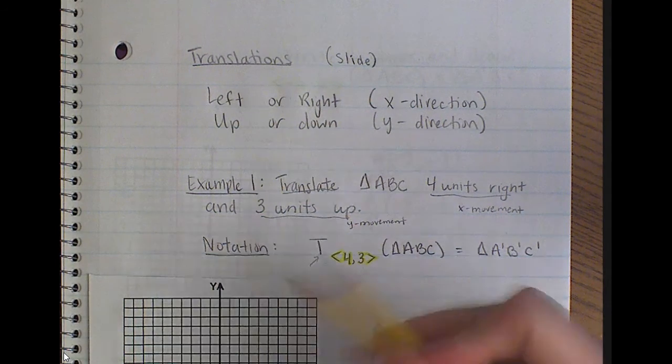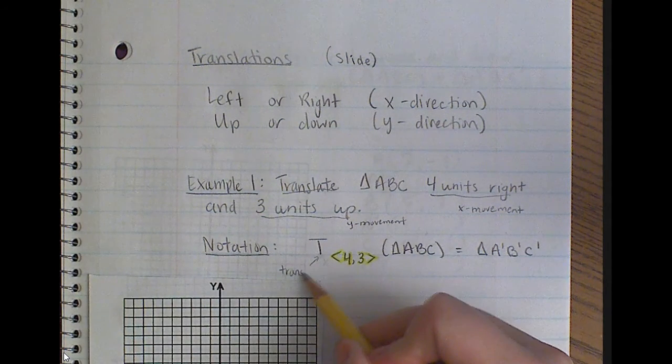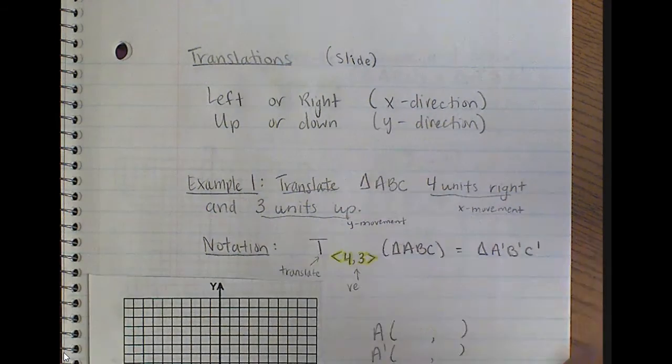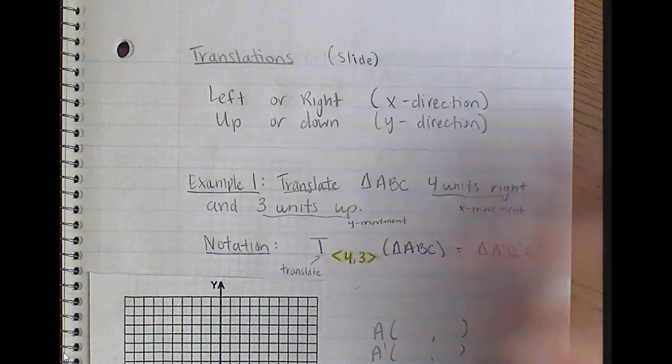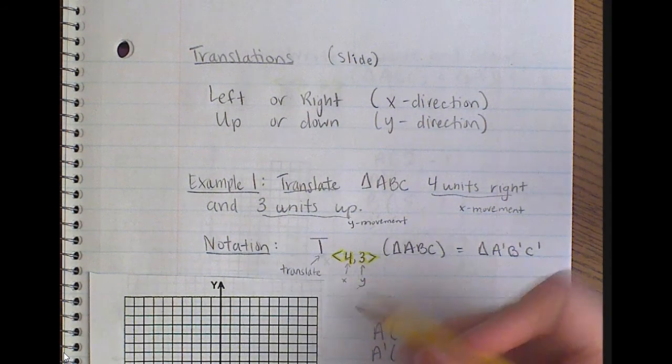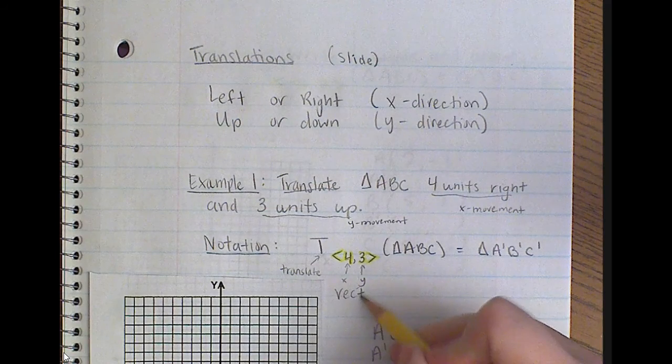So this is translate, and then this right here is our vector. Well, we should clarify. This is our X movement, this is our Y movement, and the whole thing is called a vector.